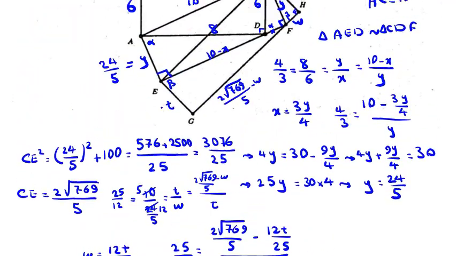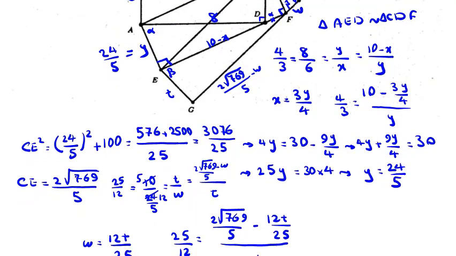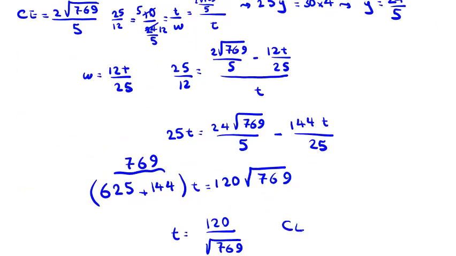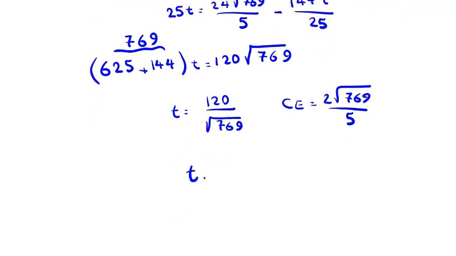Now this length C is what? CE is 2 root 769 over 5. We want to find the area, so we should multiply these two terms. So T times CE is area. You can cancel these roots.